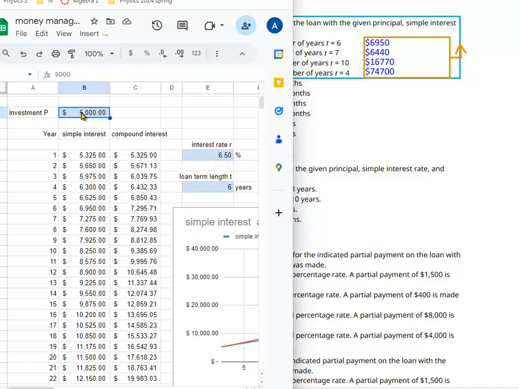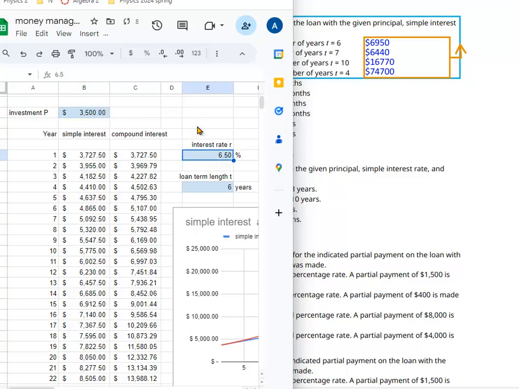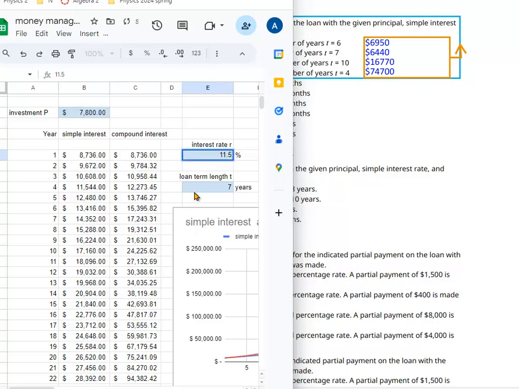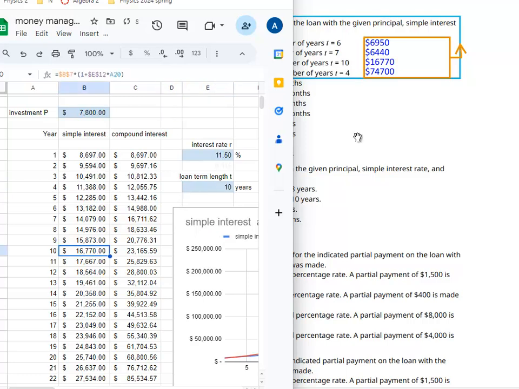And the next one would be 3,500. And then this one is 12%, and this one is 7 years. So I'm going to look at here, and there it is. And the next one is, oops, not 8,000, 7,800, 11.5%, 10 years, and there it is.